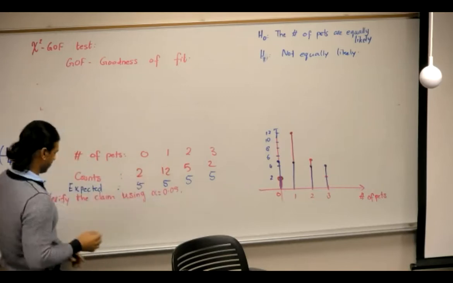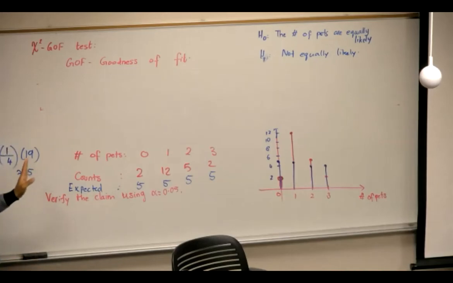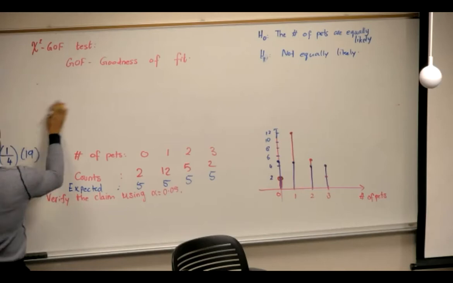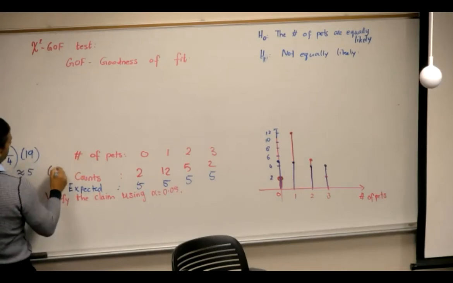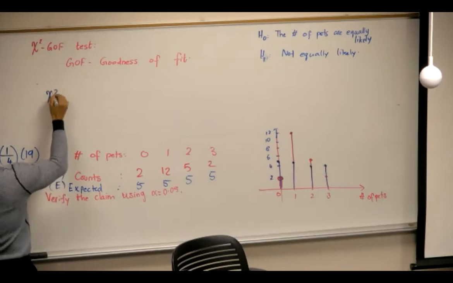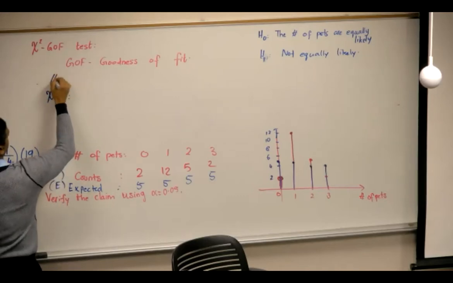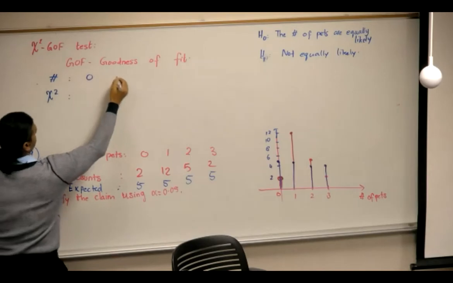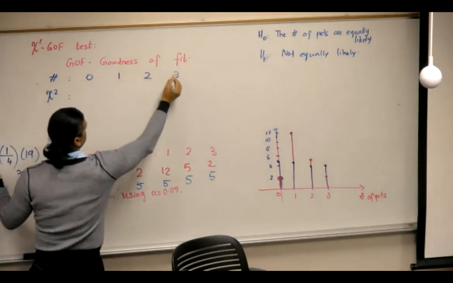It is not going to fit. That's my thought process as of now. We'll see. We simply have to find the chi-squared for 0, 1, 2, and 3.